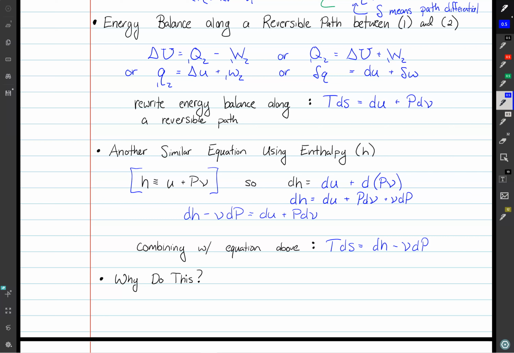The question is why? If you think about what we had back up at the top when we were doing those energy balances, we have Q and W, which are both path dependent.